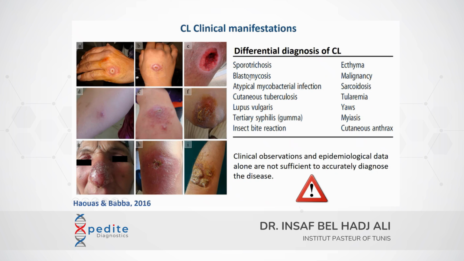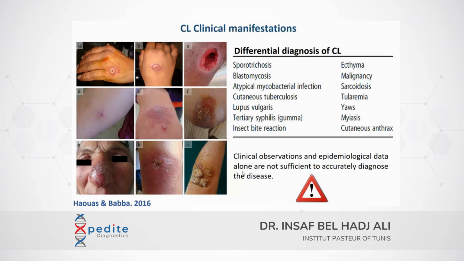That's why it is very important to identify Leishmania parasites in the frame of the routine diagnosis of cutaneous leishmaniasis. But clinical observation and epidemiological data alone are not sufficient to accurately diagnose the disease.